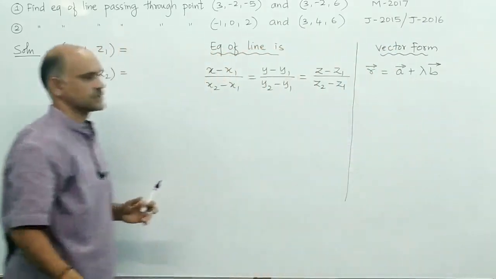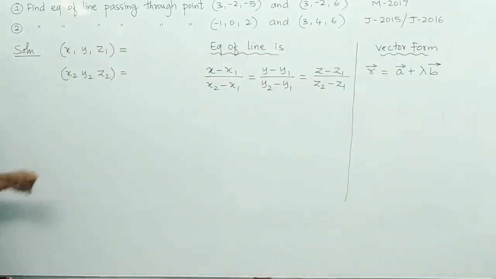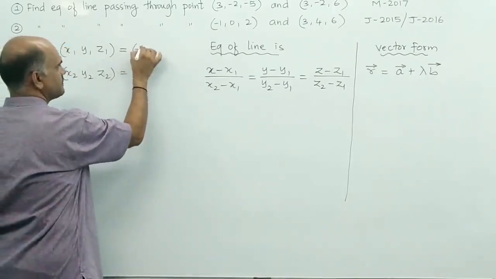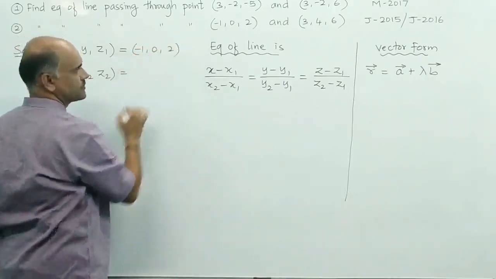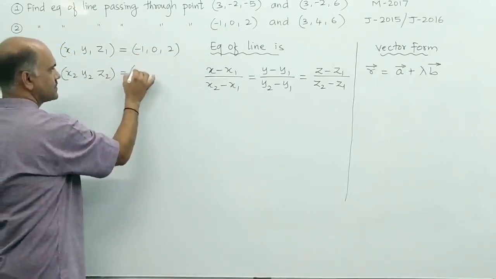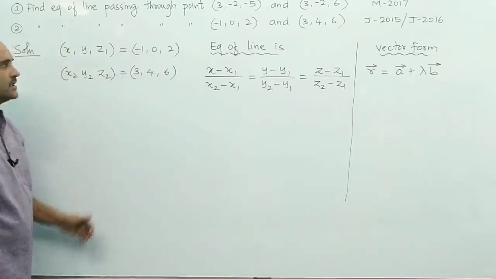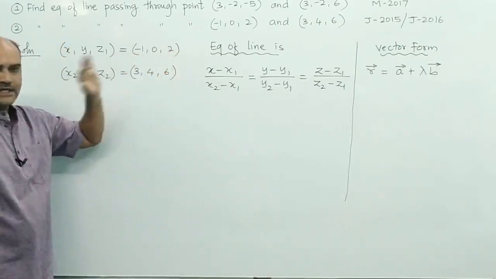Got it? So now you can check. Again he has given 2 points: x1, y1, z1 is -1, 0, 2 and x2, y2, z2 is 3, 4, 6. So again write the formula and substitute.